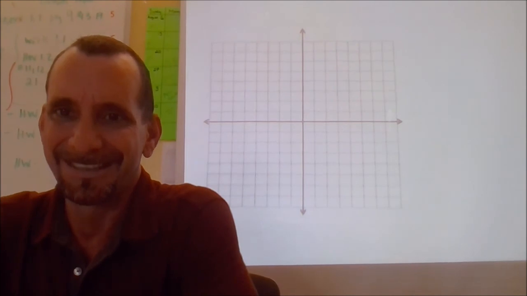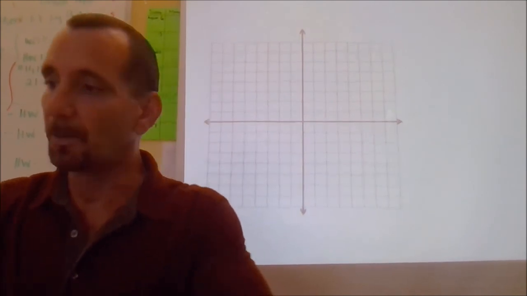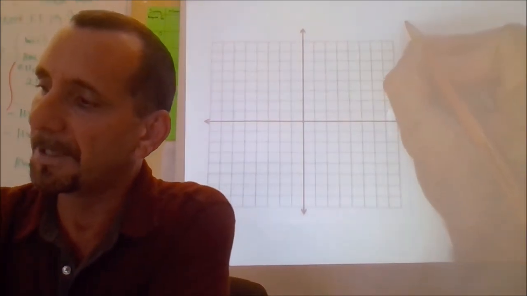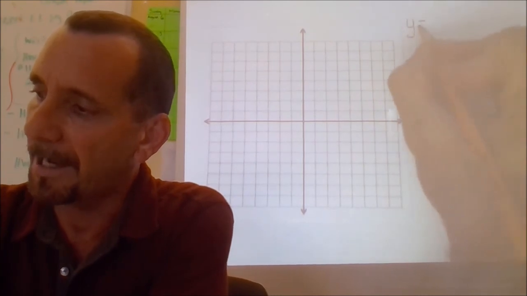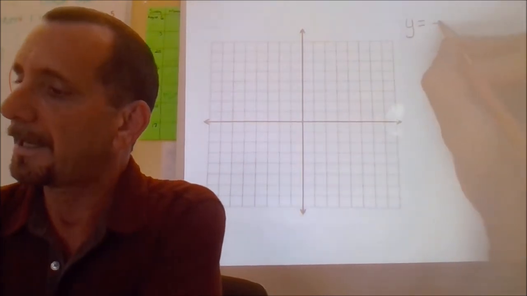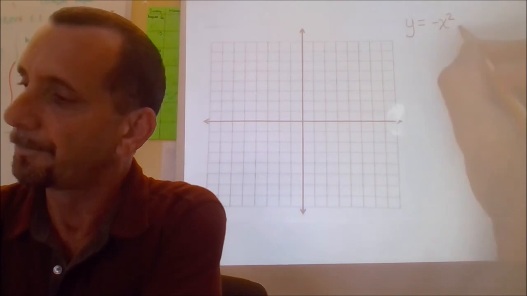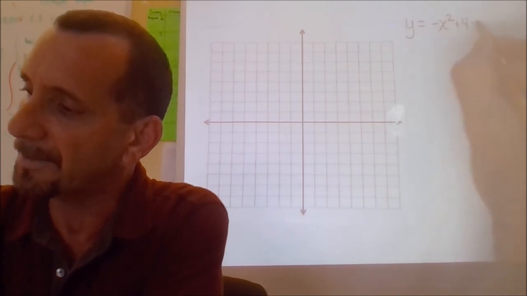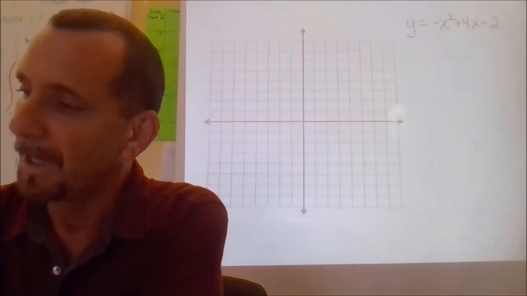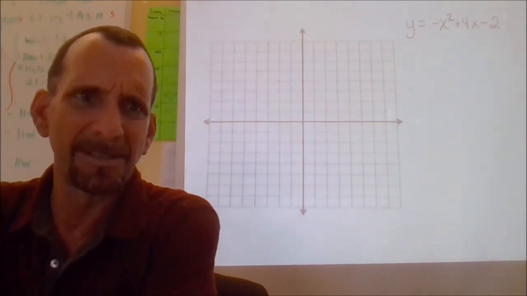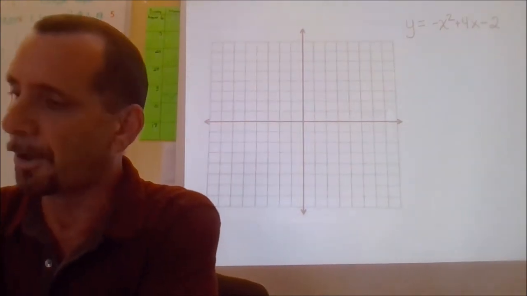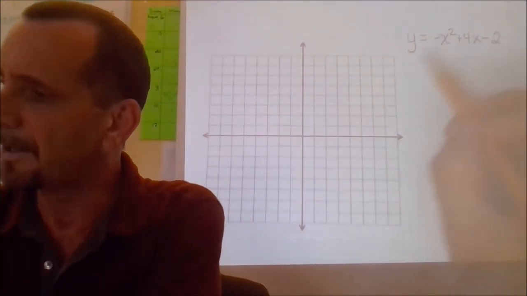So you ready? Okay. The first problem that we are going to graph is y equals negative x squared plus 4x minus 2. And this is a parabola that is in standard form. So I'm just going to write that down. I'm going to box this.